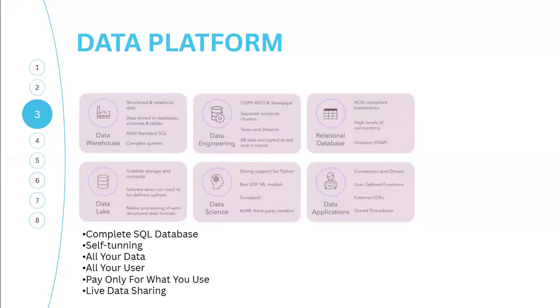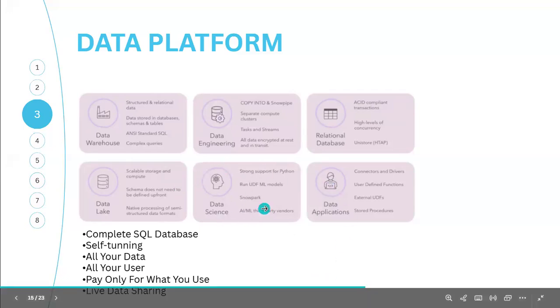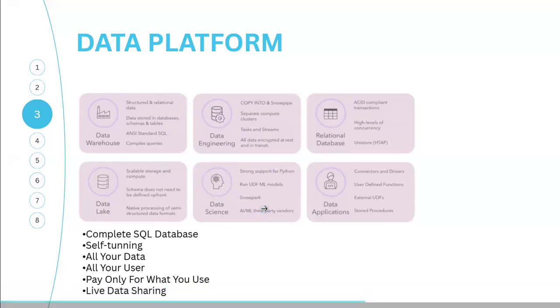Whatever data warehouses do, it will do the same. Along with that, it can do ELT processing, and you can create a data lake inside Snowflake, and you can build AI/ML models by using Streamlit and Snowpark and all those things. So that's it about data platform.